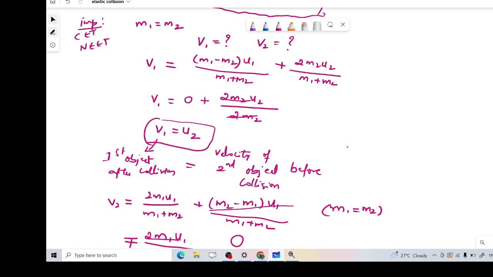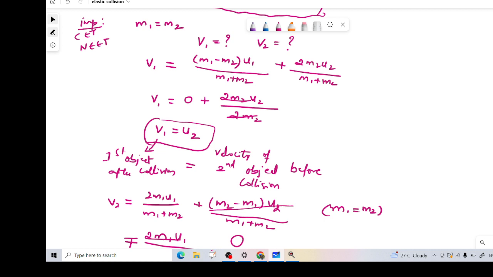So on the v2 side, what is there? 2 m1 u1. So we are replacing 2 m2 u2 by 2 m1 u1, and here in the equation m1 minus m2 into u1 is there, and here m2 minus m1 into u2 is there. Sorry, I have written wrongly here. So the denominators in both cases are the same.